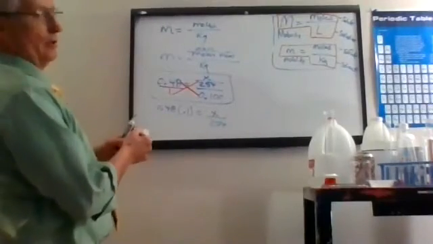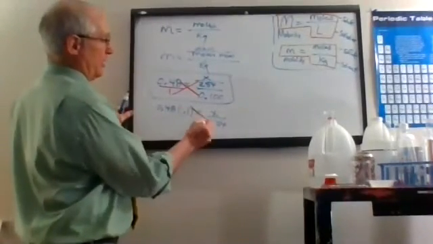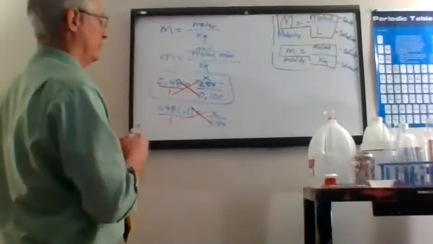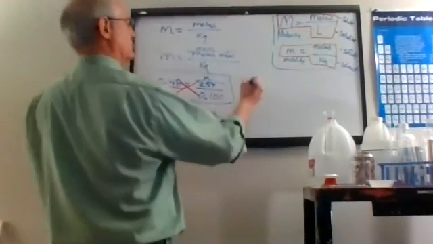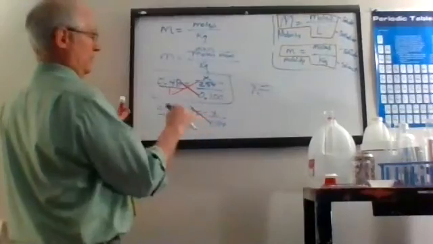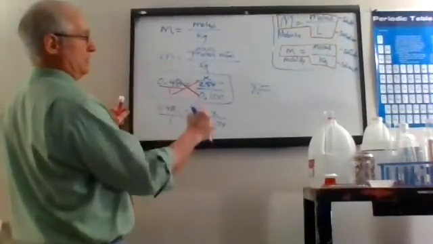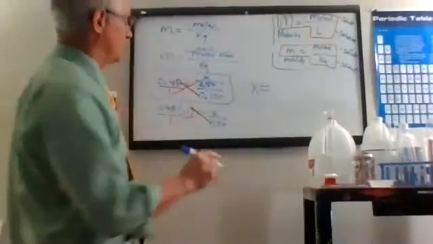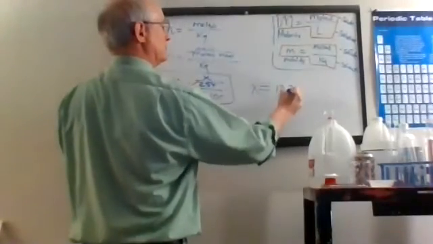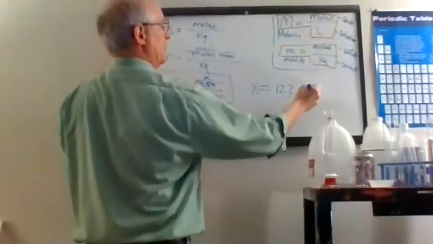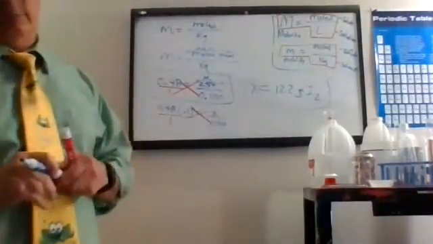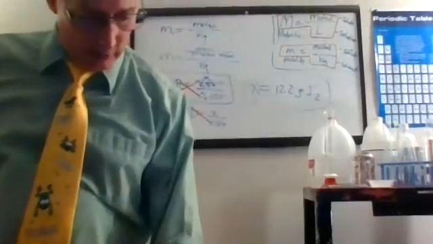Now what are we going to do? We're going to cross multiply again. There's an invisible 1. And we're going to get x equals that times 0.1 times 254. And when you do that, you're going to get 12.2. It's grams of iodine. The box around it, and you're done. Pretty easy, capisce?